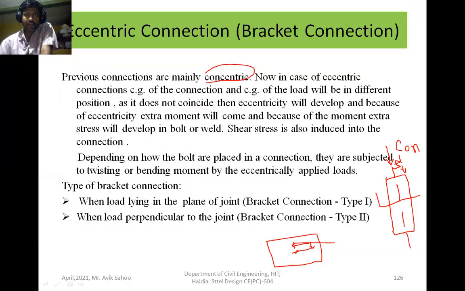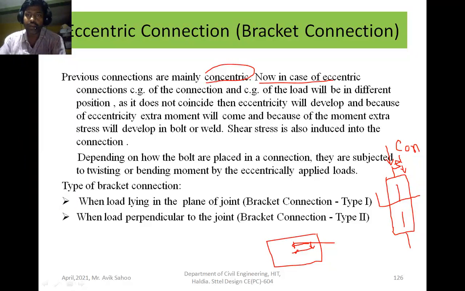Similarly, in a connection also, if the loading CG and connection CG are in the same line, then it is called concentric. If the loading CG and connection CG are in different positions, then it will be considered an eccentric connection.